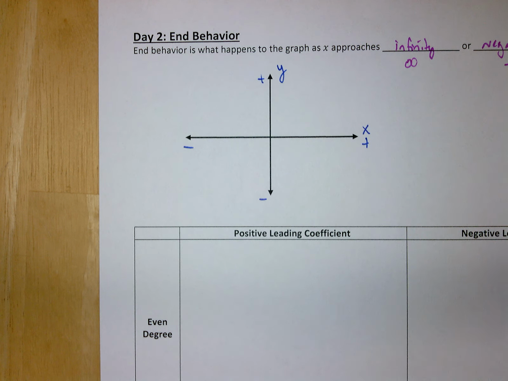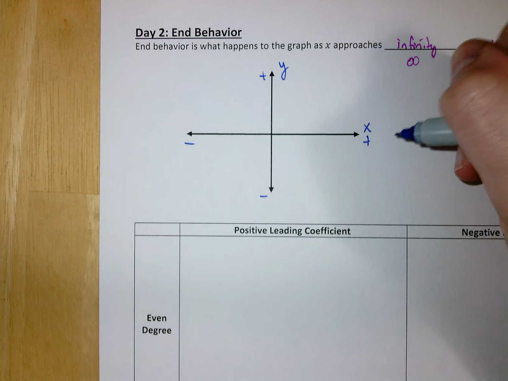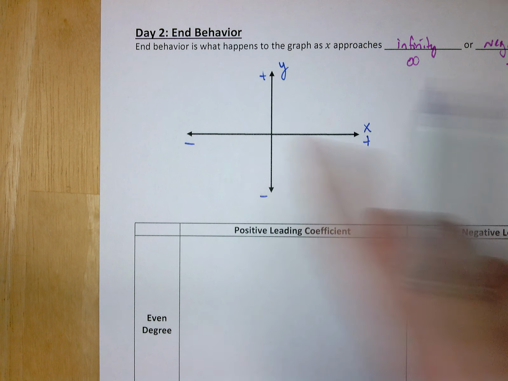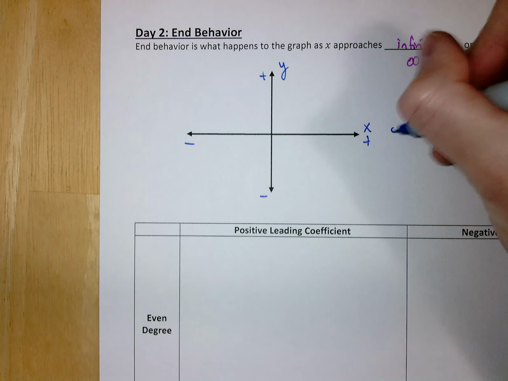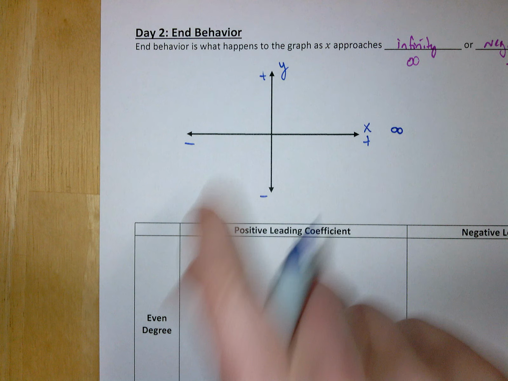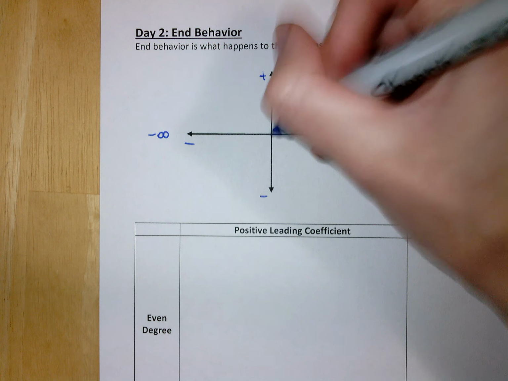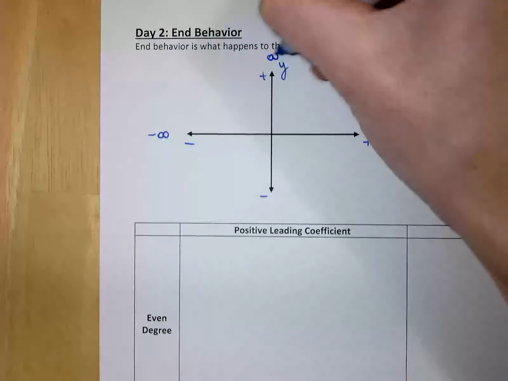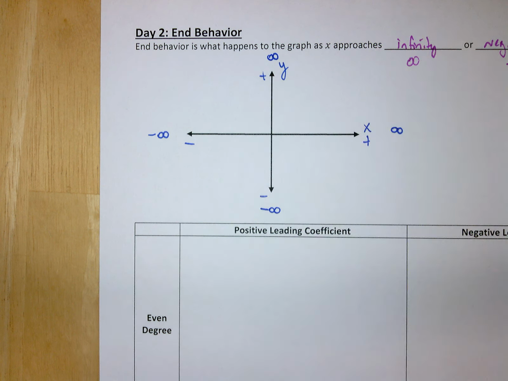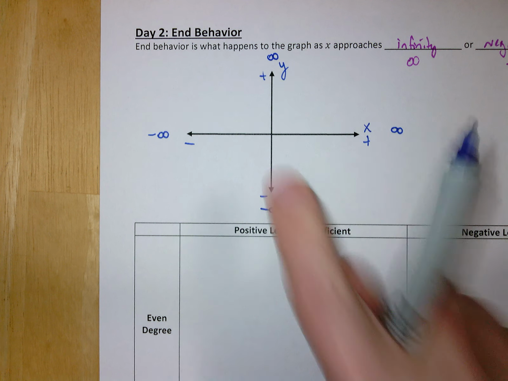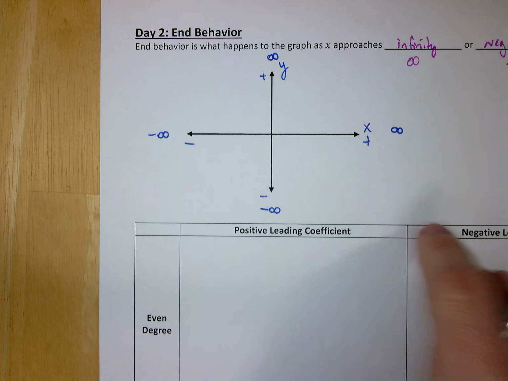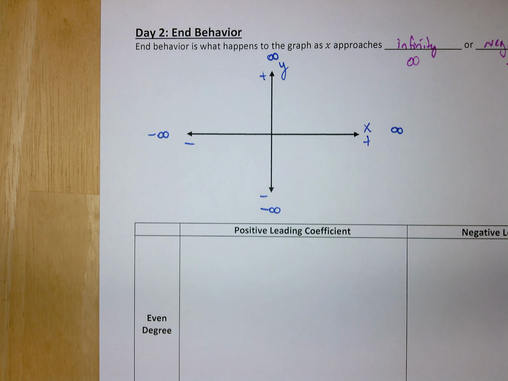So when we are talking about end behavior, when we talk about the infinities, this side of the x-axis is going to be positive infinity. This side of the x-axis will be negative infinity. On the y-axis, this side will be positive infinity and this side is negative infinity, right? That's what we're talking about here. So you're just talking about going forever in one direction or the other.